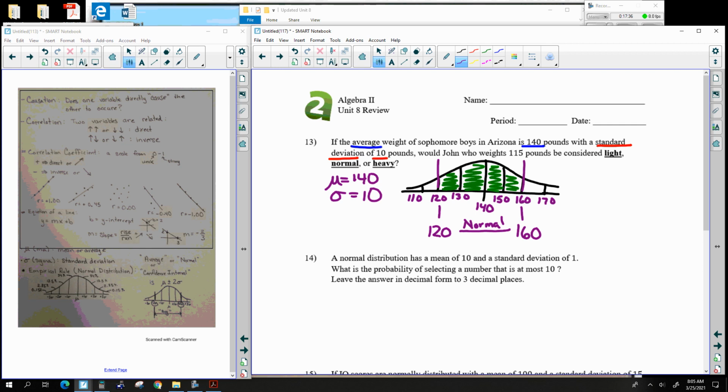Then everything on the outside of that would be considered heavy if you're more than 160, or light, which would be under 120. And so John comes in at 115 pounds. 115 is below the 120, so John would be considered to be light.